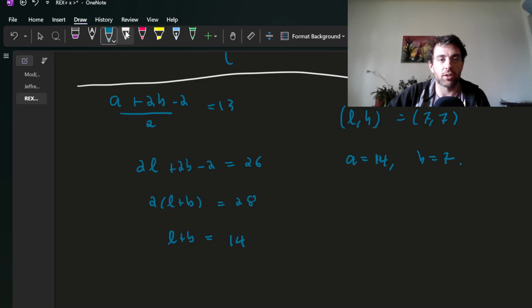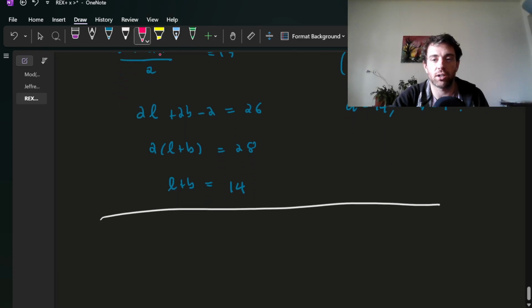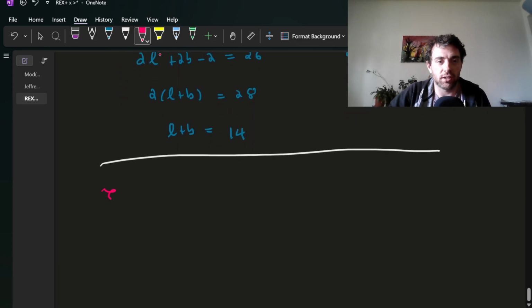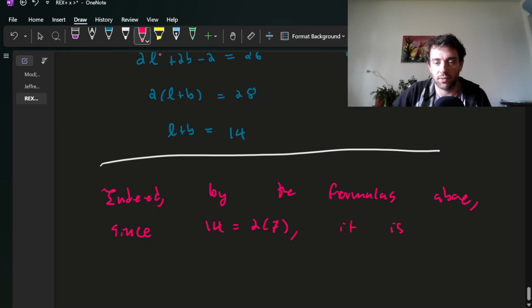So now we can use this to answer the question above. Indeed, by the formulas above, since 14 is equal to 2 times 7, it is even.